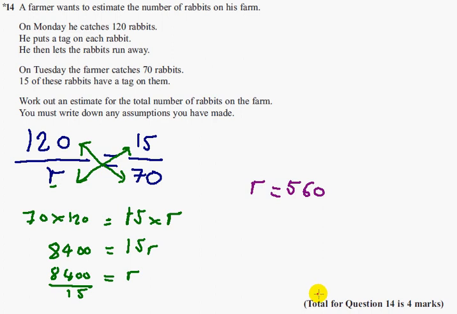Now, total marks for this question is 4 marks. Question 14 is worth 4 marks. And let's have a look at what the mark scheme says where you get those marks.